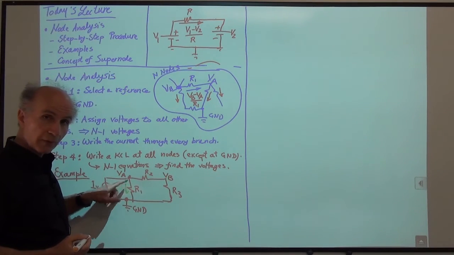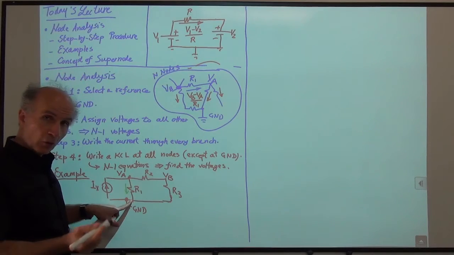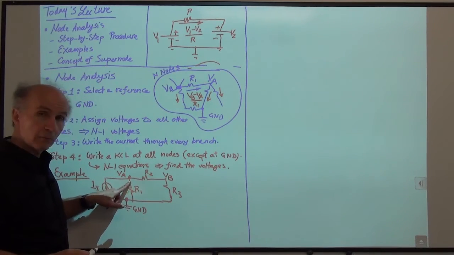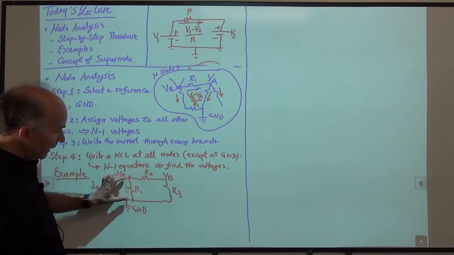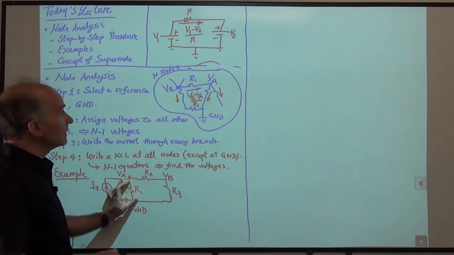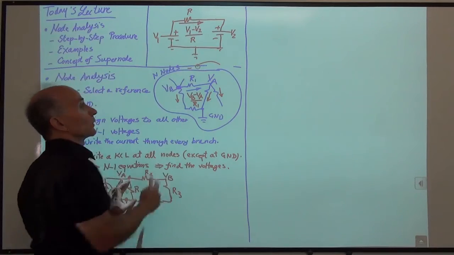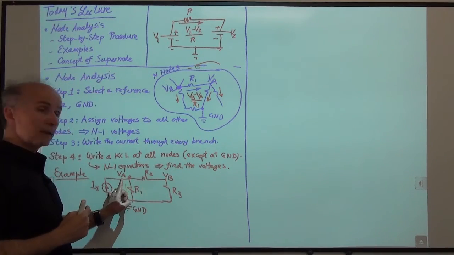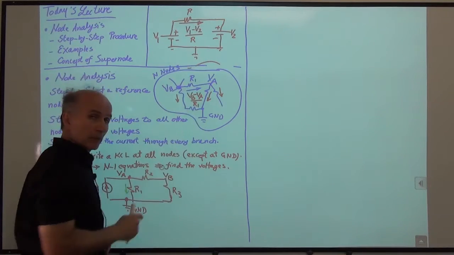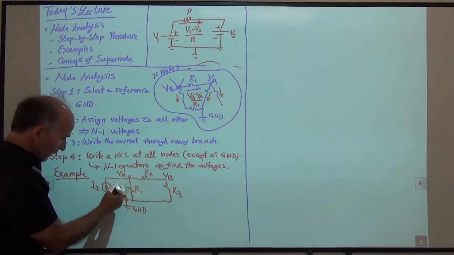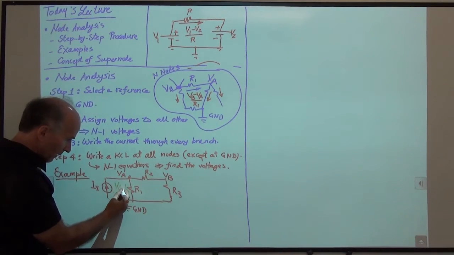So the current wants to go from high potential to low potential. Ohm's law says high potential minus low potential divided by the resistor value. Or if you turn this by 90 degrees, it looks like this, right? So on the left we have VA, on the right we have 0. So VA minus 0 divided by the resistor value. So this current is just VA over R1.